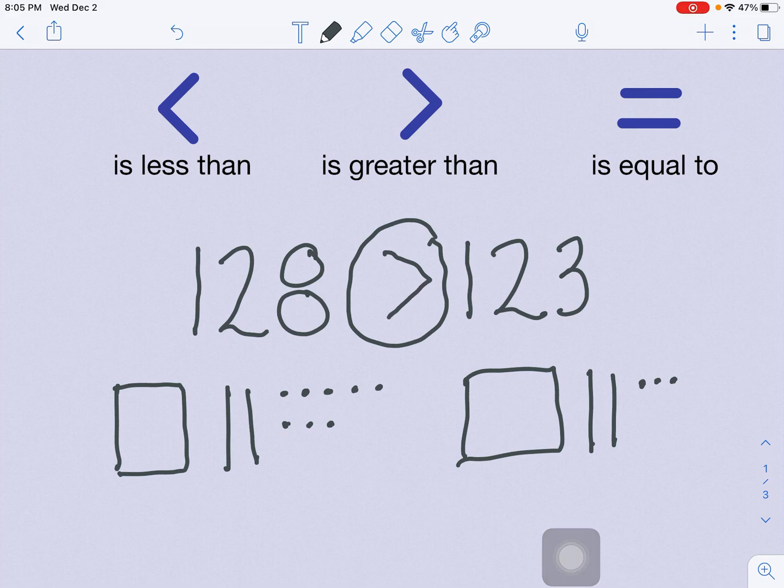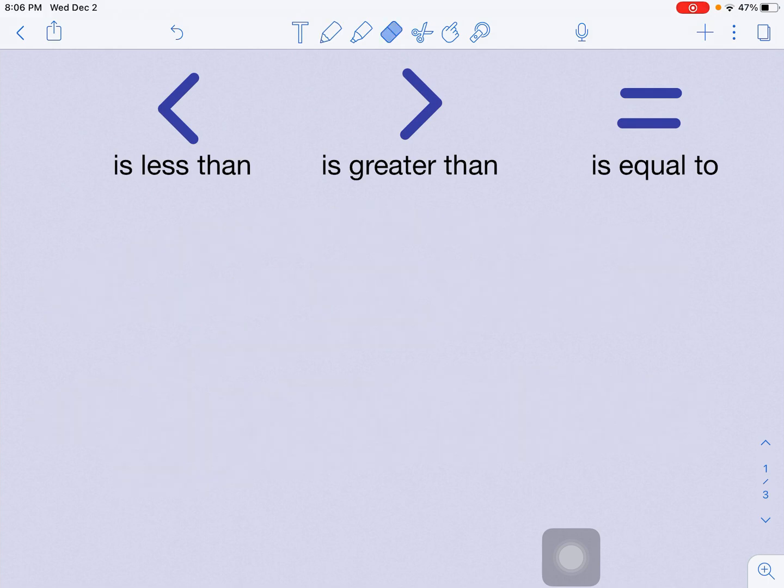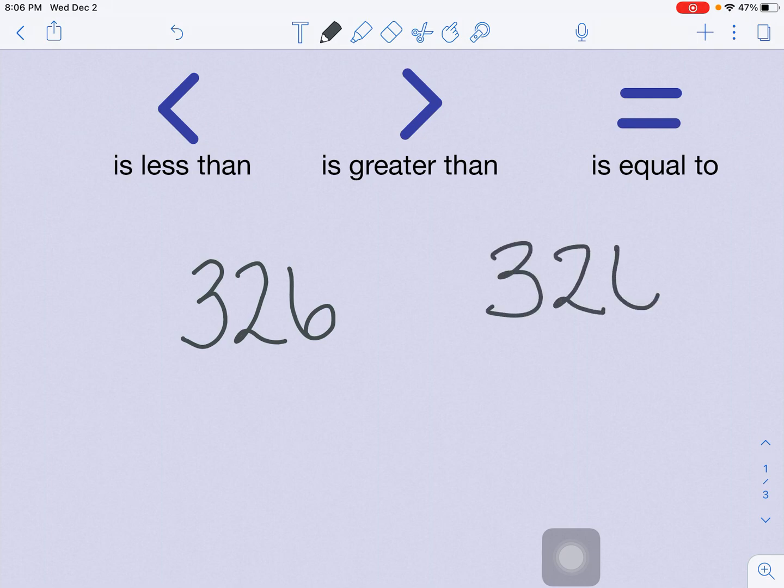All right? So what does it mean if the 3-digit numbers you are comparing have the same number of hundreds, the same number of tens, and the same number of ones? What if my numbers look like this? 326 and 326.